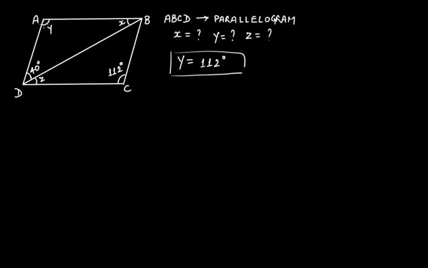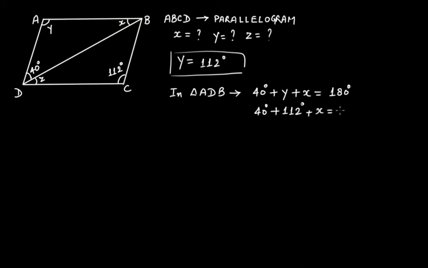Now, look at this triangle ADB. In triangle ADB, you have 40 degrees plus Y plus X is equal to 180 degrees, and this Y is what? 112 degrees. So 40 degrees plus 112 degrees, and then plus X is equal to 180 degrees.